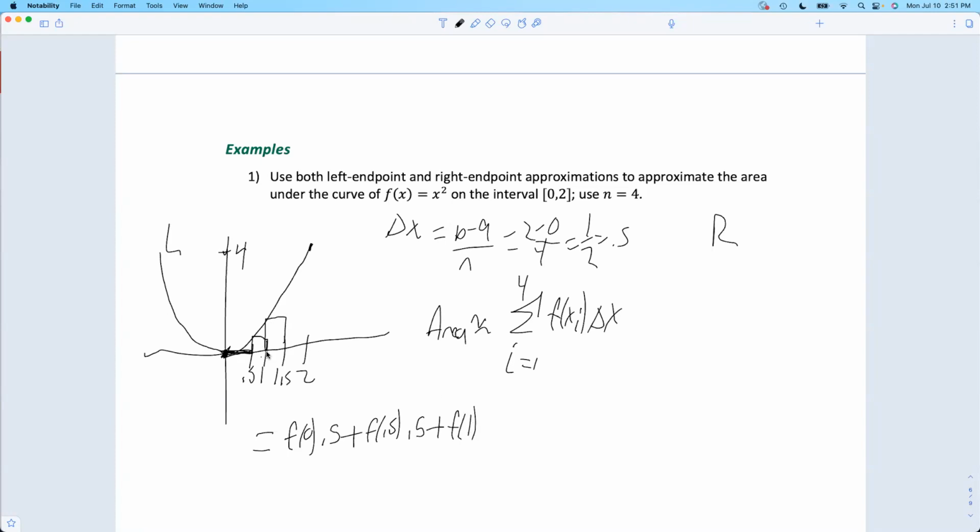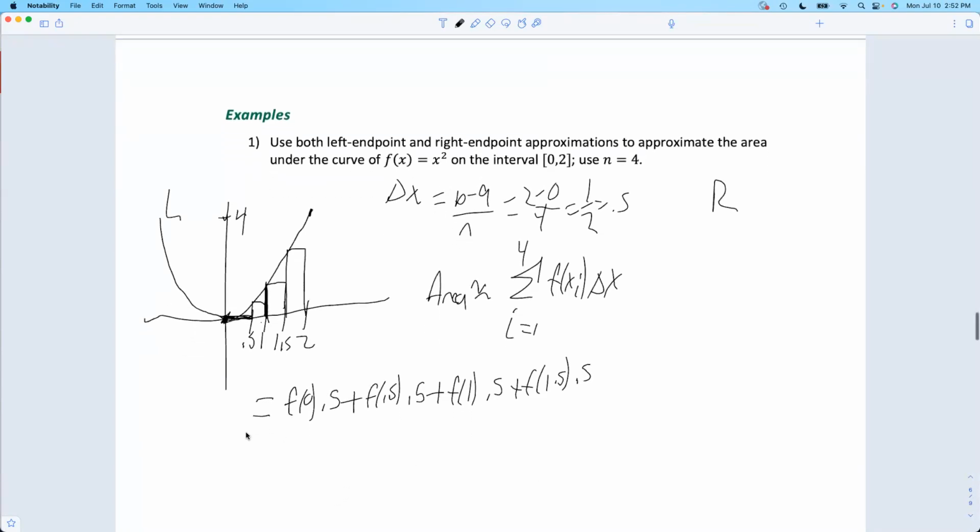That's the height right there, f of 1 times my width, 0.5. Just every rectangle, length times width, plus this rectangle, f at 1.5, times my width, 0.5.